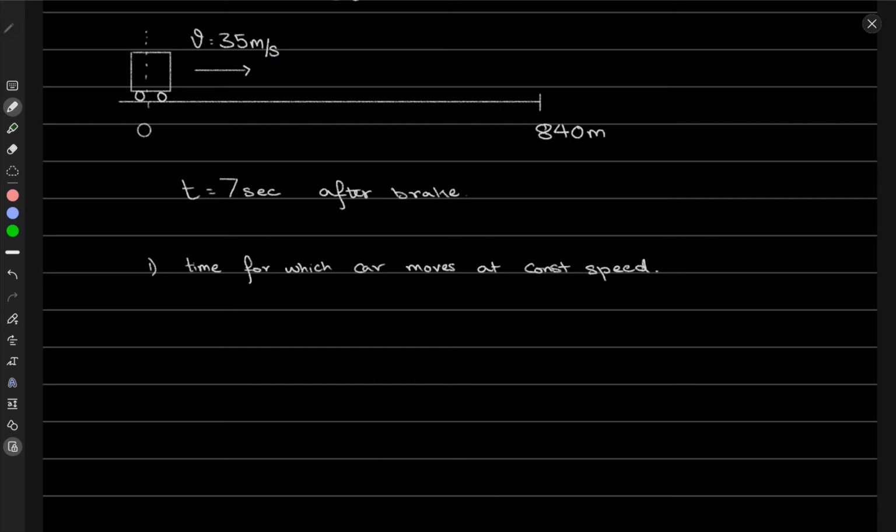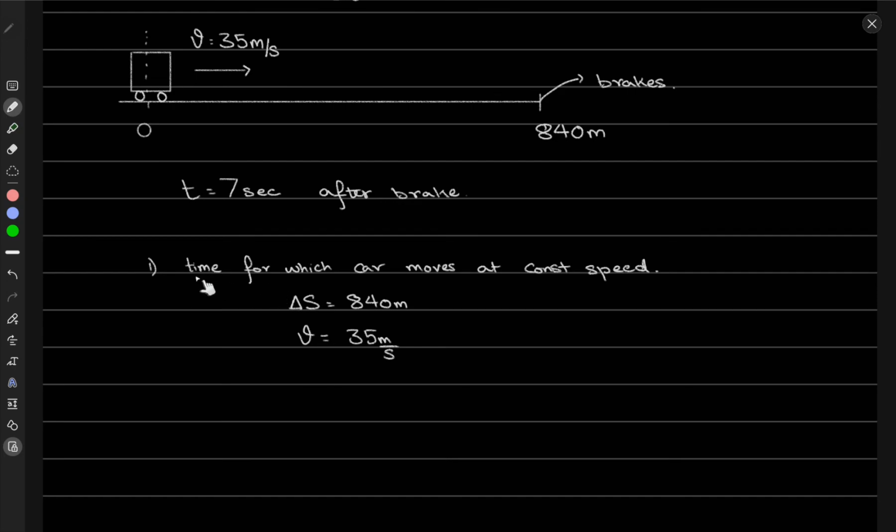So we know that the velocity is given, and we know that 840 meters it's going to cover at this constant speed. And then at this point, the car applies brakes. So the displacement that it covers is 840 meters, while it's moving with the velocity of 35 meters per second.